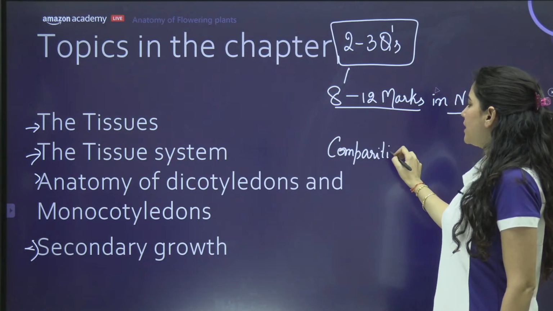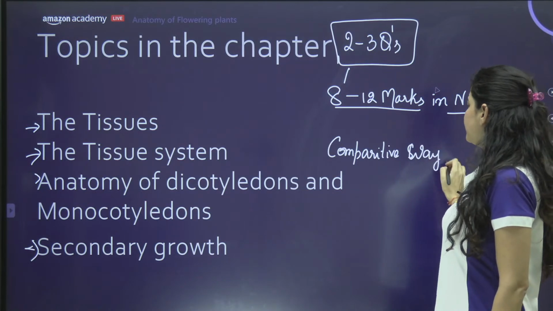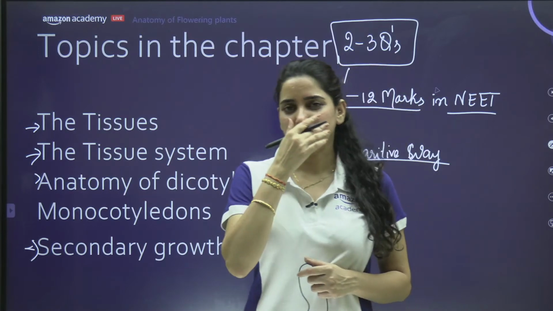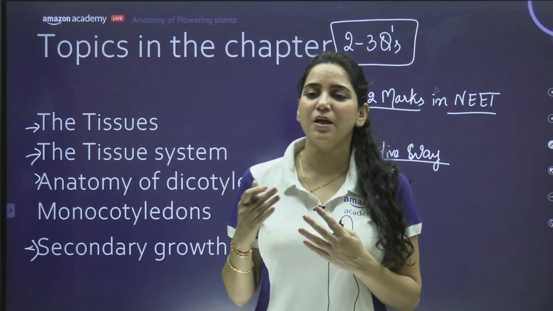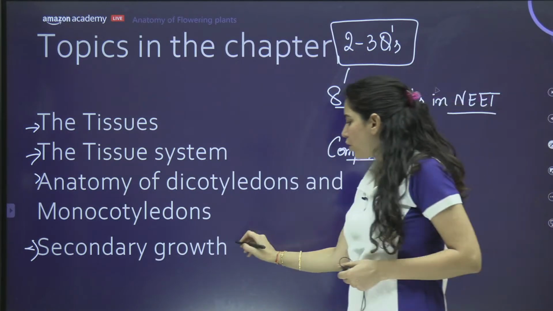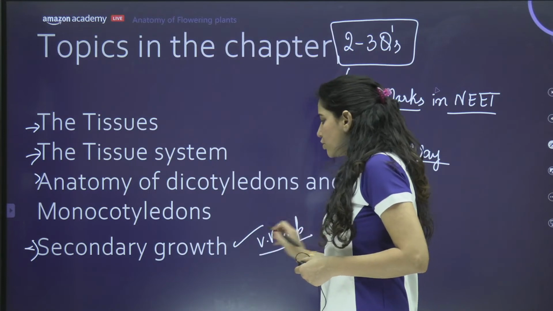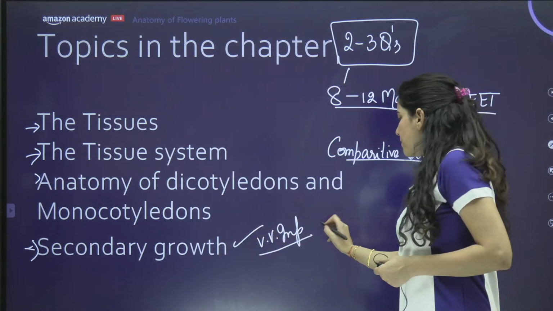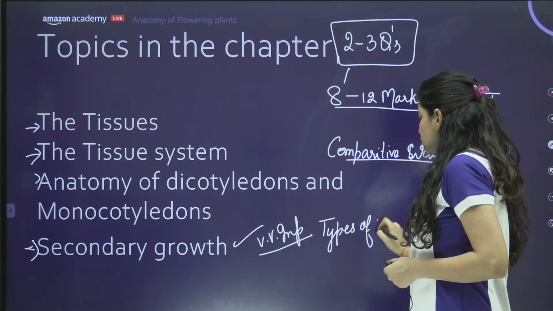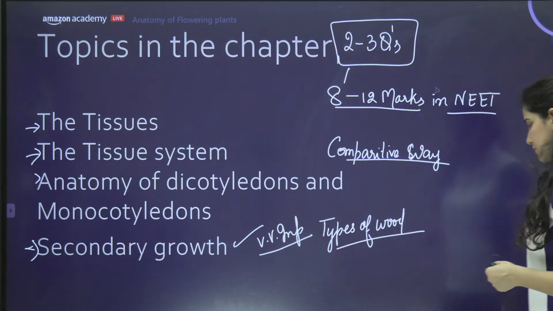Comparative way का मतलब कि डाइकॉट स्टेम को डाइकॉट रूट के साथ किया, मोनोकॉट स्टेम को मोनोकॉट रूट के साथ किया, ऐसे साथ साथ में पढ़ते रहे तो आपको टाइम भी कम लगेगा और दिक्कत भी कम होगी. Now the most important topic is this one, very important, that is secondary growth. Also the important other topics include types of growth. इस पे जरूर आपका सवाल आएगा ही आएगा. You just study this types of growth.